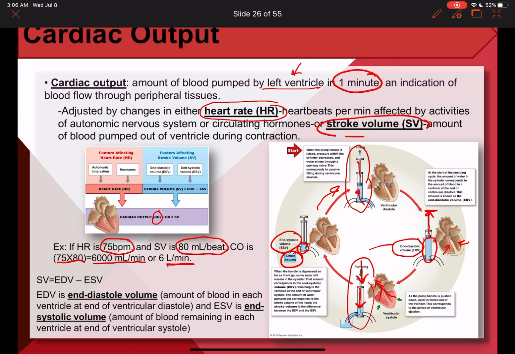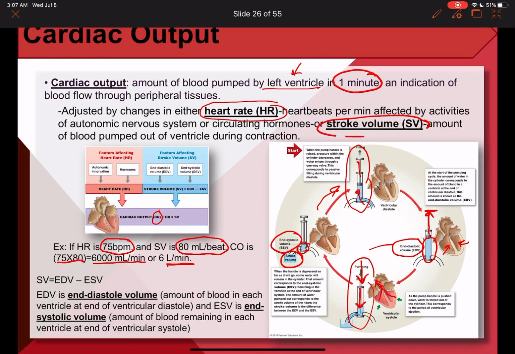So he goes halfway and then he has to stop. So that EDV volume is a lot smaller than what I can pull on that water gun, all the way EDV. So my SV is going to be very large, because I'm able to pull up a lot more water. Whereas my son, who is only 5 years old, can only pull up 50% of that water gun.